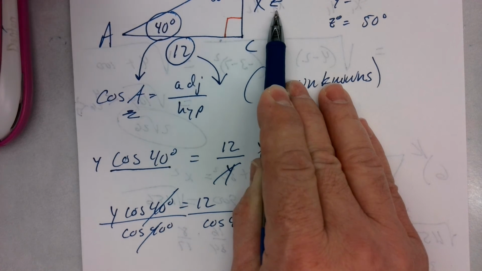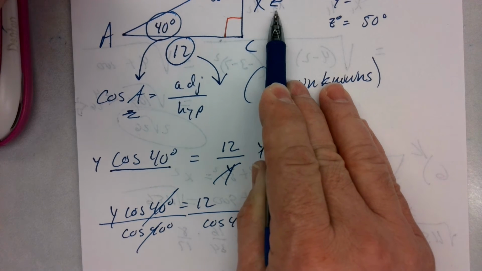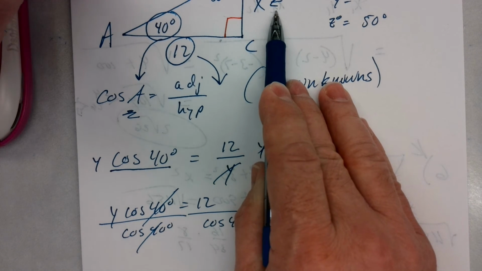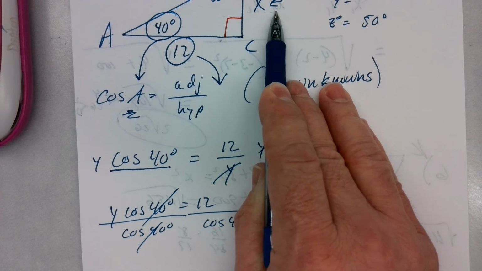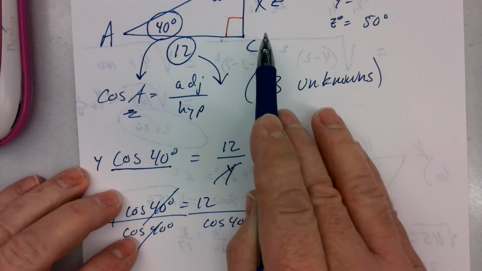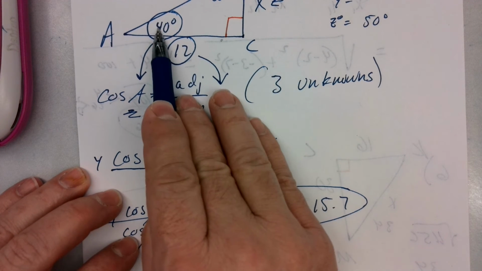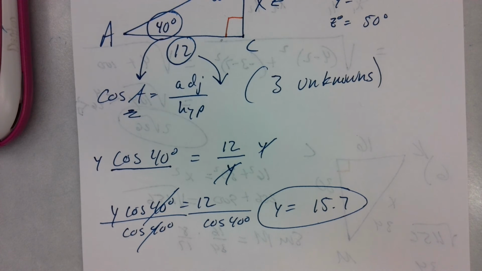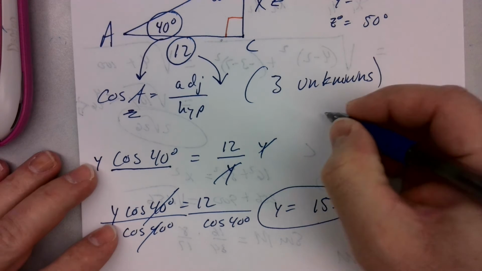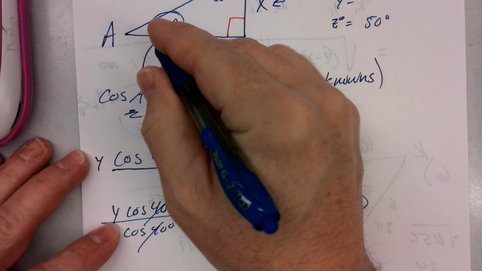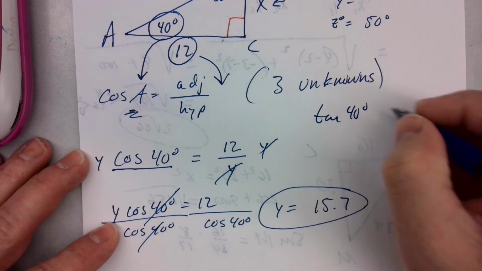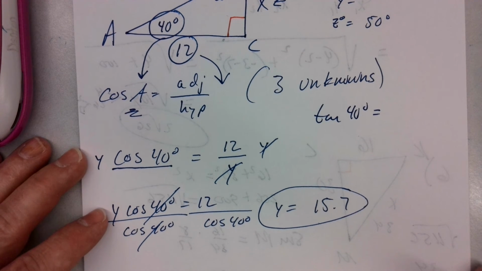Again, that would have me use something I figured out, and if it's wrong, no matter what, my next answer will also be wrong, right? I want to try and use what was given. So is there a function that puts that and that all together? Tangent, right? So I would say the tangent of my angle, which is 40 degrees, is equal to what?